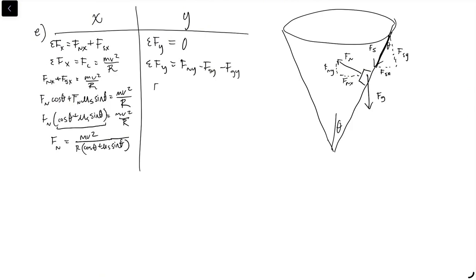So we can set those as equal to each other. And then expand this to Fn sine theta minus Fn mu s cosine. And then add Fg to the other side. And then I can take out the Fn. And then expand Fg into mg. And then divide this over to solve for Fn.